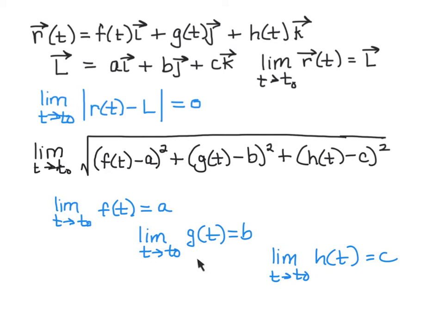And if these are all true, then r of t is continuous at t equal to the value t naught, and the limit as t approaches t naught of r of t is equal to L.